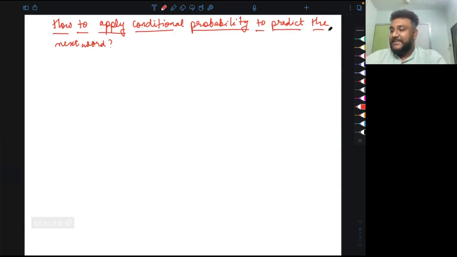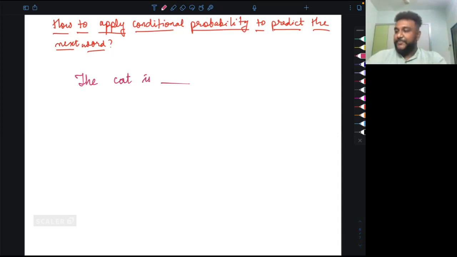Let's take an example to understand this. The cat is dash, right? So essentially, I'm now giving you a context here. The cat is dash. I'm basically asking you to fill in this blank. What is one possible strategy that I can use?